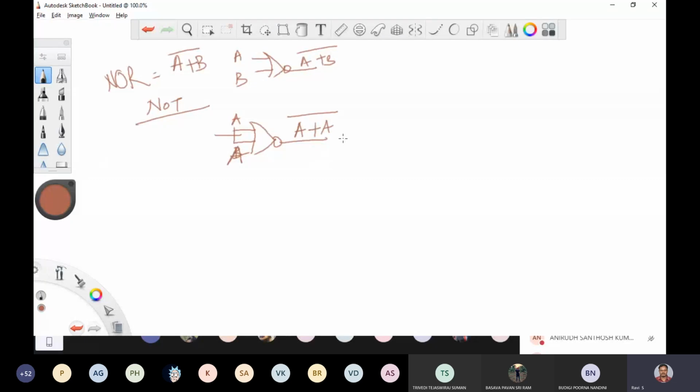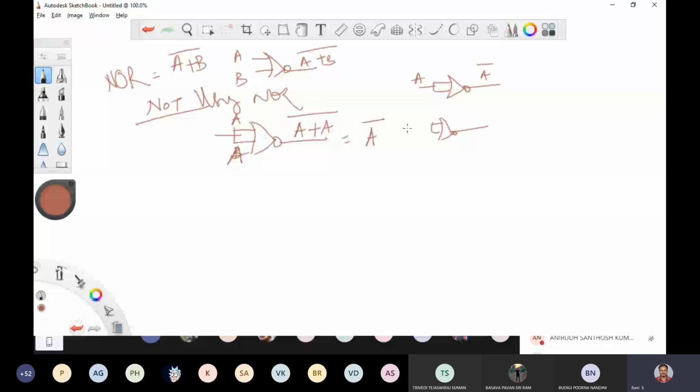Similarly, you tell me quickly what this is. I'm passing A, obtaining A bar, and passing B, obtaining B bar, using NOR based NOT. Then A bar and B bar I'm connecting to one more NOR. Now what is this third output? Come on, anyone guess?